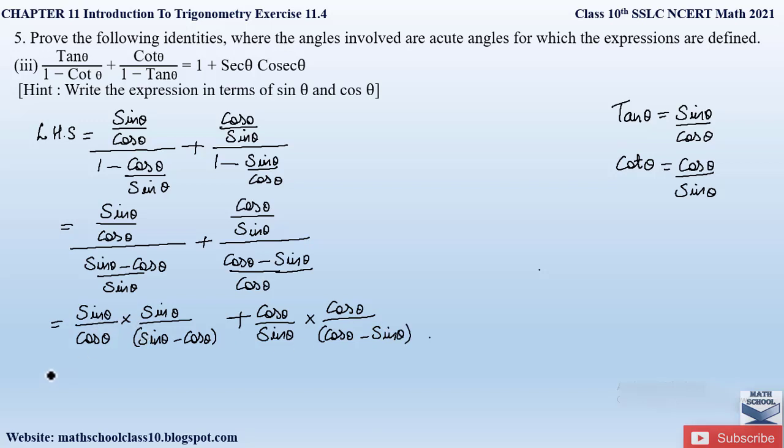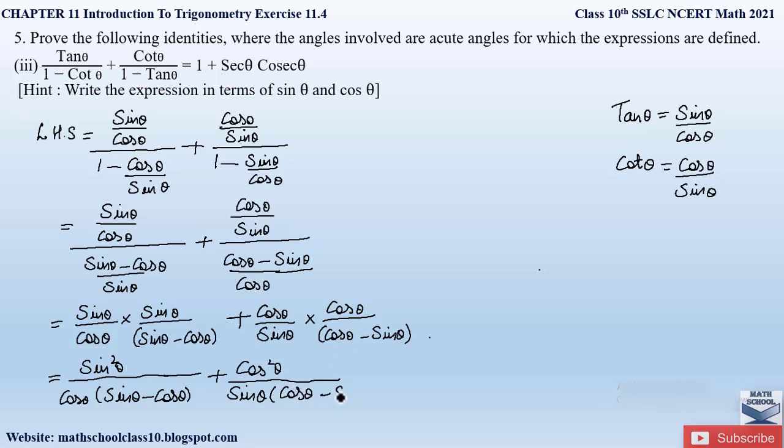Okay, so here sine theta into sine theta will become sine square theta divided by cos theta into sine theta minus cos theta. Okay, so plus again cos theta into cos theta is cos square theta divided by sine theta into cos theta minus sine theta.